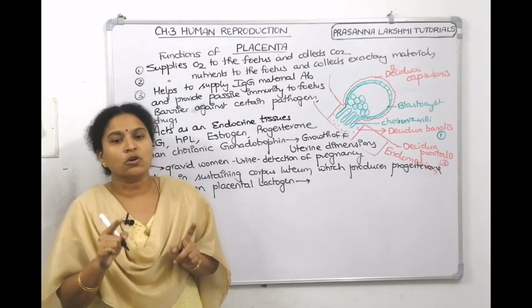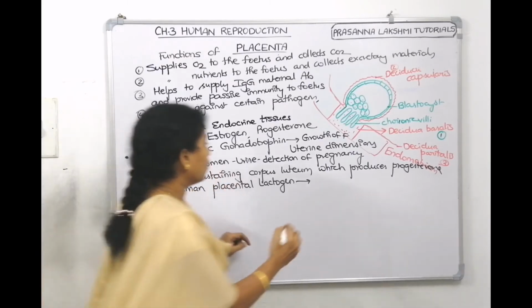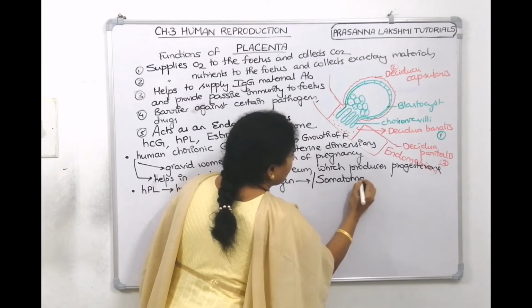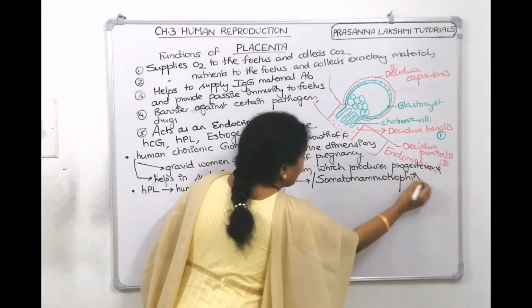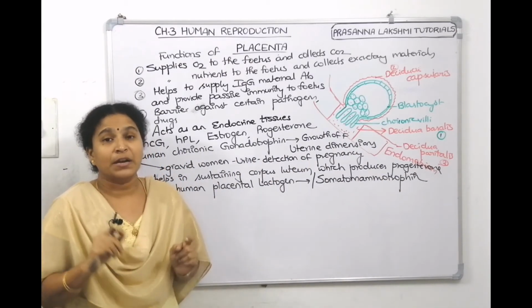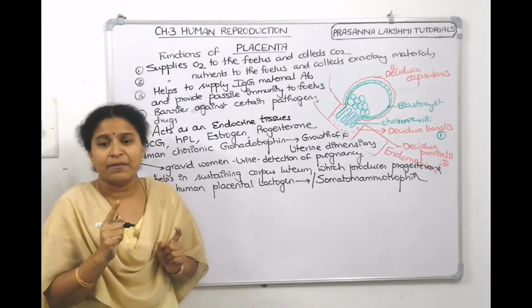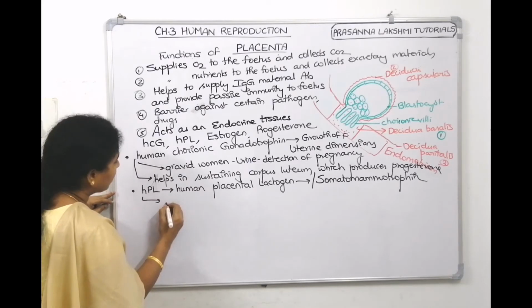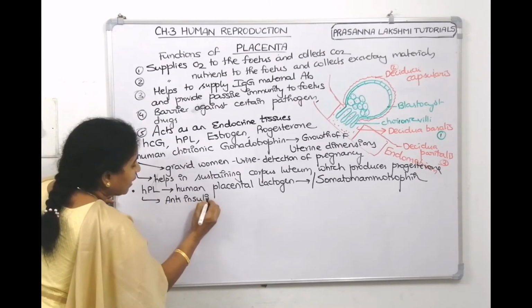HPL is also called somatomammotrophin. In simple words, we can tell it has anti-insulin effect.